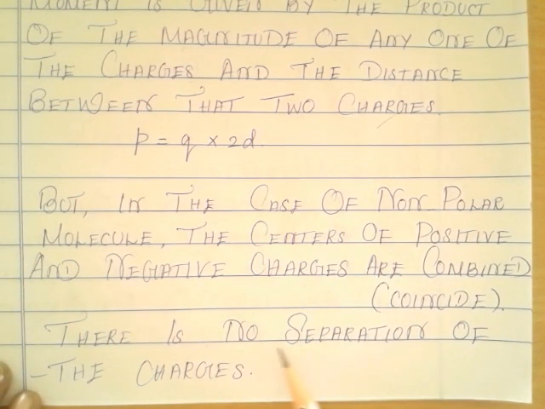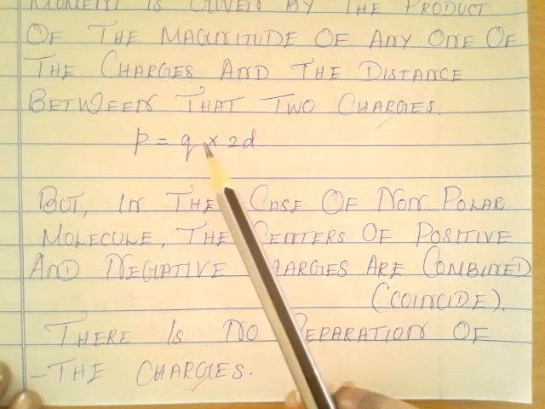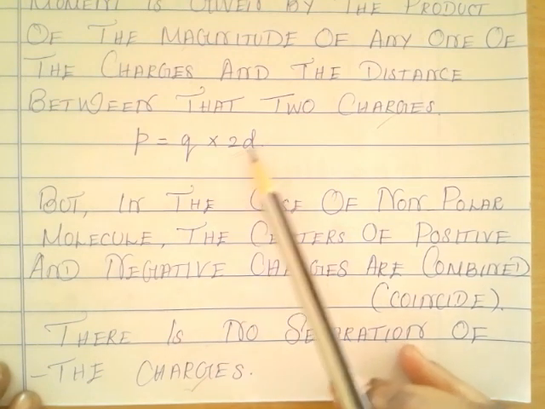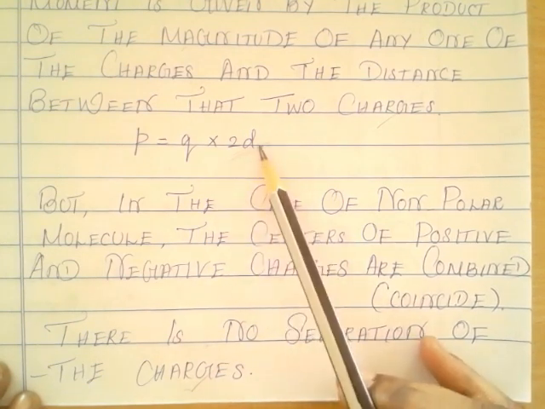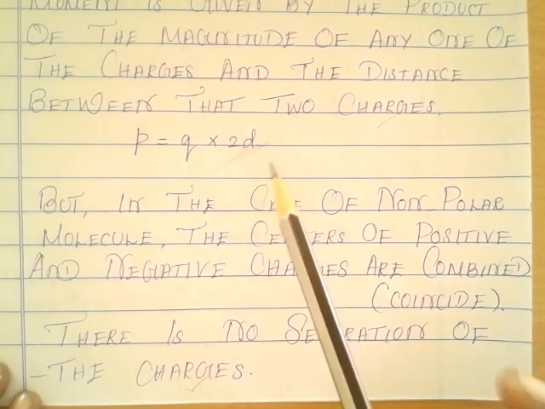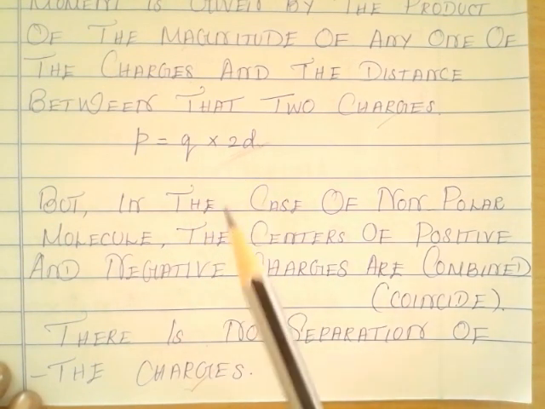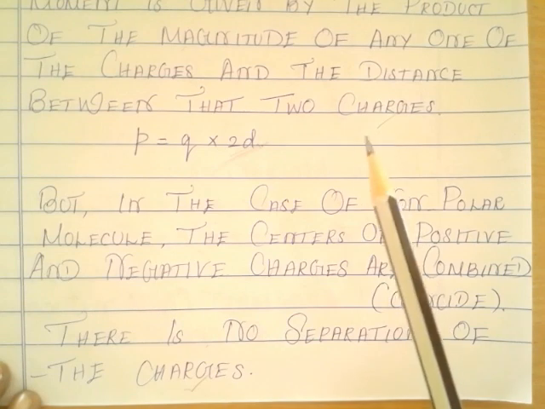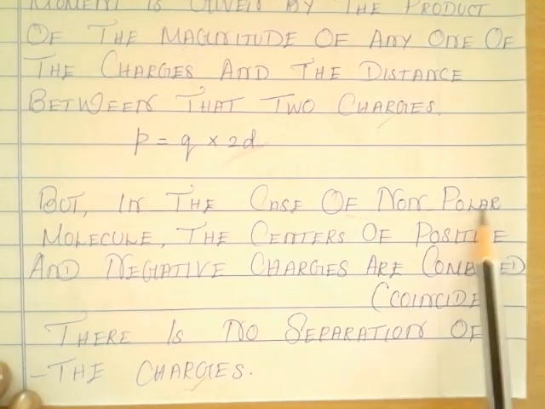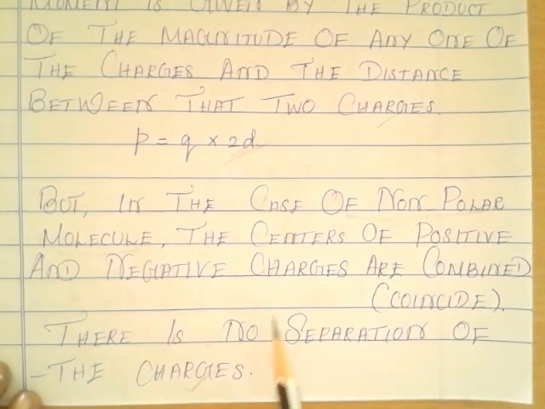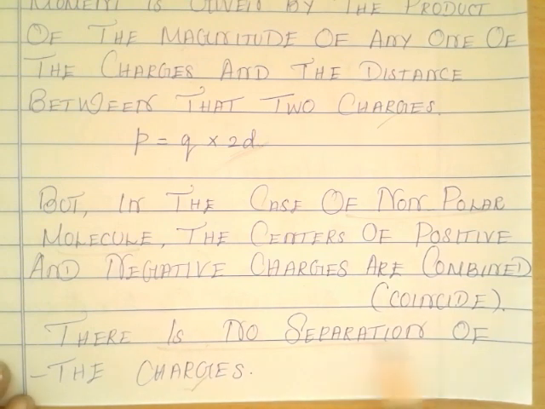There is no separation of the charges. Charges separated by a small distance means an electric dipole, and then only the electric dipole moment will be present. In case of non-polar molecules, there is no separation between the charges.